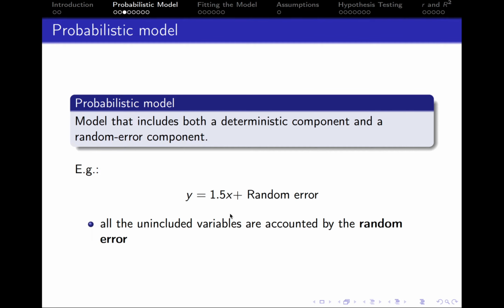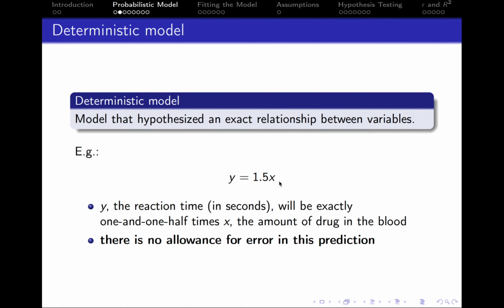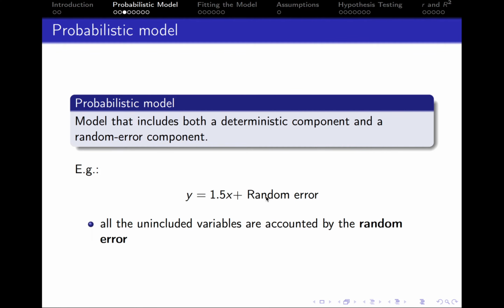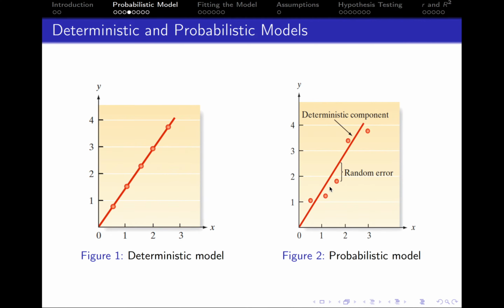If you compare this model with the deterministic model, you see that the only difference is that now we have the random error, and all those unincluded factors, like age, time of the day, etc., are accounted for by this random error. If you look at the graphs of the deterministic and probabilistic models, you will see that in the deterministic model, the values of x and y lie on a straight line.